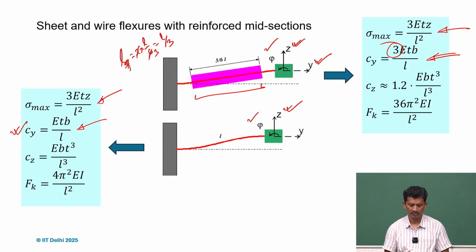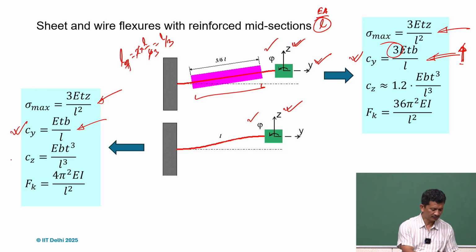If you just use the formula EA by L, the length has reduced to one third, and since it's in the denominator, the 3 will go up. So in fact, Cy has increased 3 times, and it's a stiff direction, so it's good. With the reinforcement, we are getting 3 times better stiffness in the y direction, which is good.